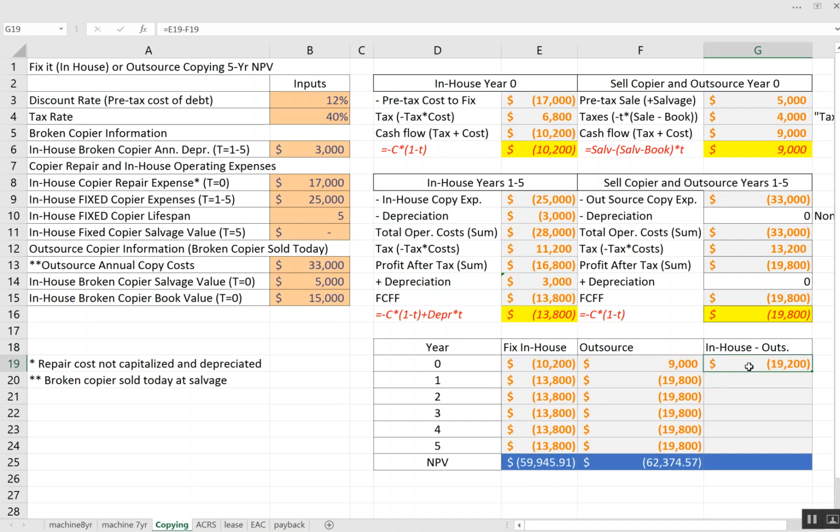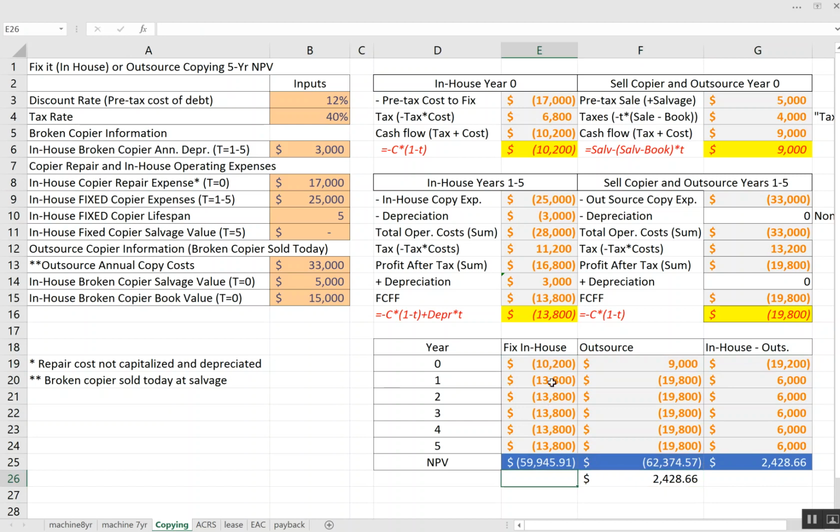Now, another way of doing this analysis, and the textbook does this sometimes, is to take my in-house minus my outsource. So this represents the decision of in-house minus outsourcing. I could take the NPV of that difference, and you can see I can create $2,400 in value by choosing in-house over outsource. So whenever you take an NPV of a difference, an NPV of A minus B, it actually tells you the NPV of choosing A over B. But I could have just done it this way, and I've gotten the same number.